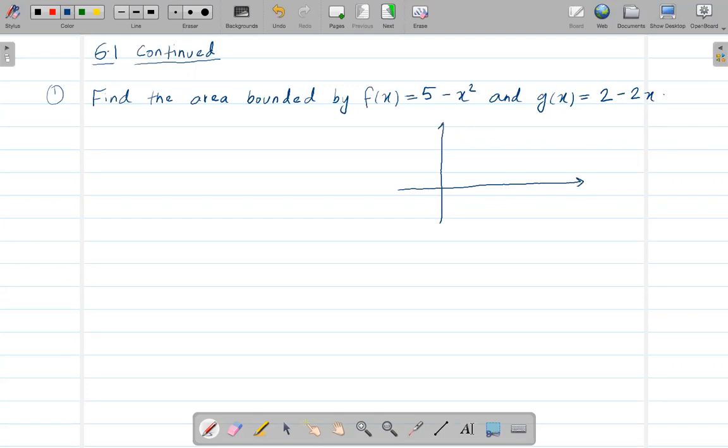Okay, so when I make the graph of each of these functions, the graph of this one will be, well, this is negative x squared, so that means it is concave down, and there is a 5 here.